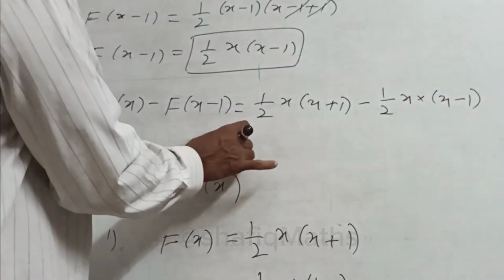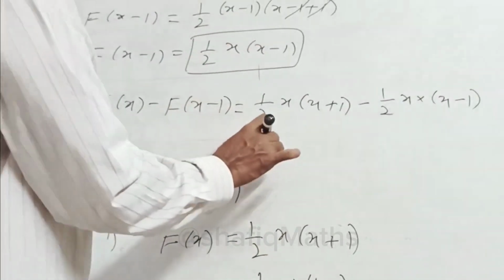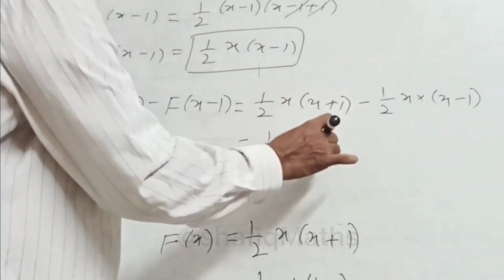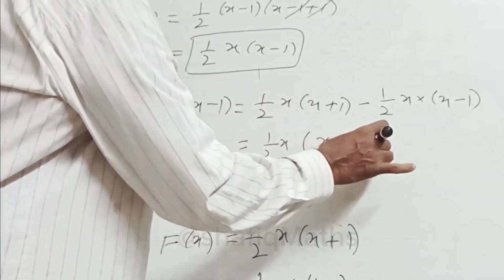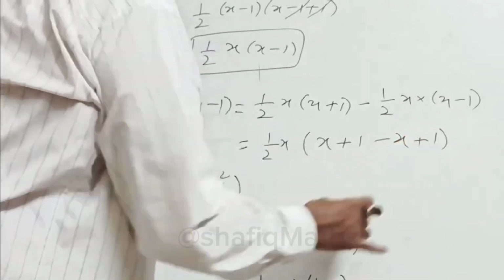Now look here, 1 upon 2 x is common, so we are taking it common, and we have x plus 1 here and minus x plus 1.